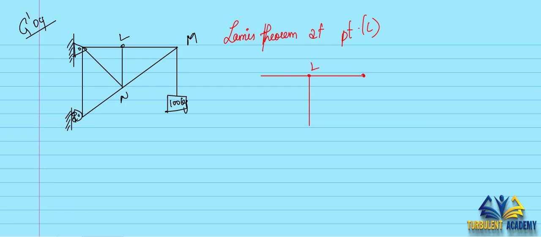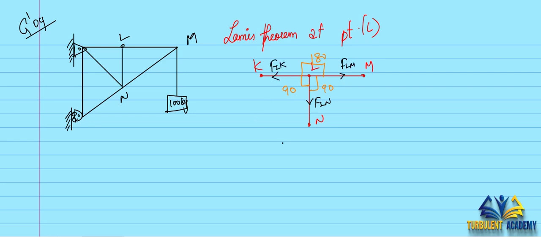This is L, this is M, this is N, and this is K. Draw and mark the angle between these members, which is 90 and this is 180. Let's assume this to be force LN, this is force LM, this is force LK.